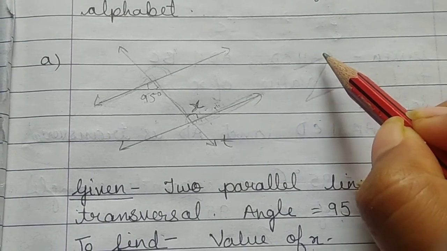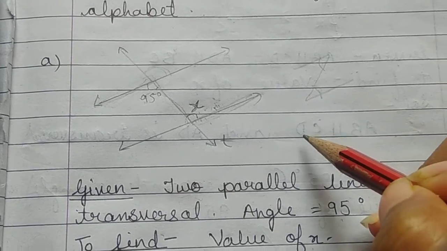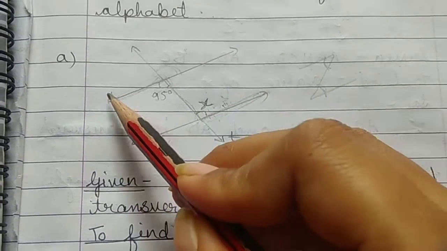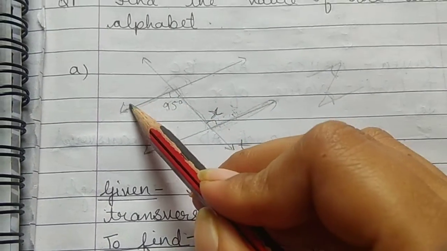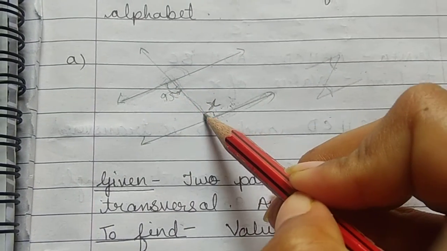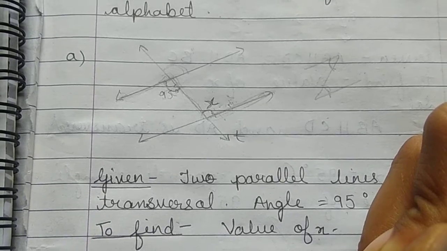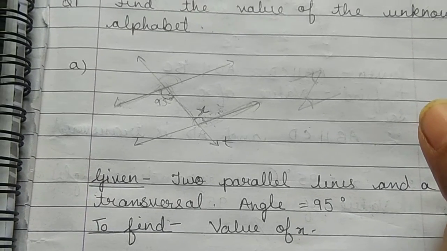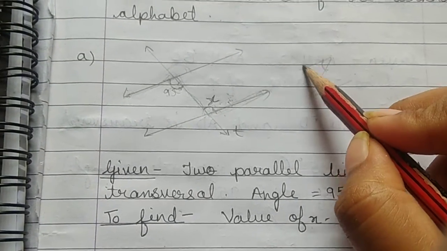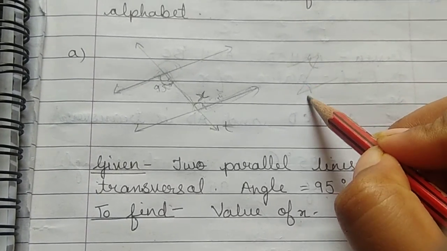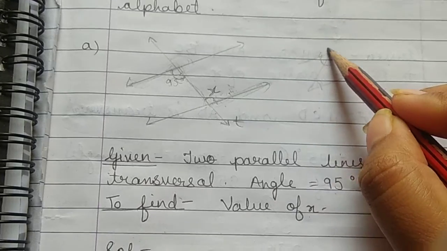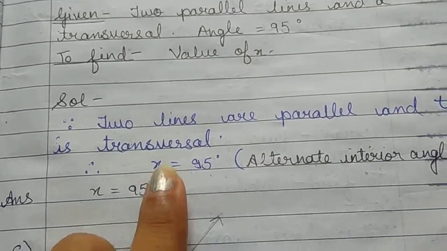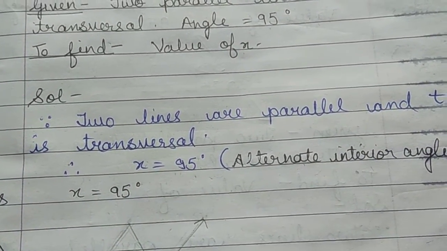Alternate interior angles are the two corners of the Z, English alphabet Z. So you can see that if we move our pencil over these lines, both the angles are there in the Z. So if you are not able to conclude which property you will use, always make sure that both the angles are on the opposite side of the transversal, and also they would be making this Z. So since alternate interior angles are equal to each other, therefore x and 95 would be equal. Thus value of x is 95.